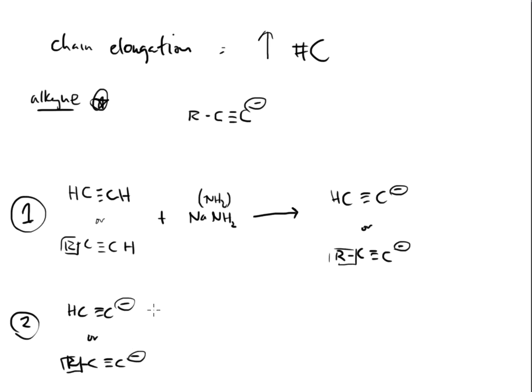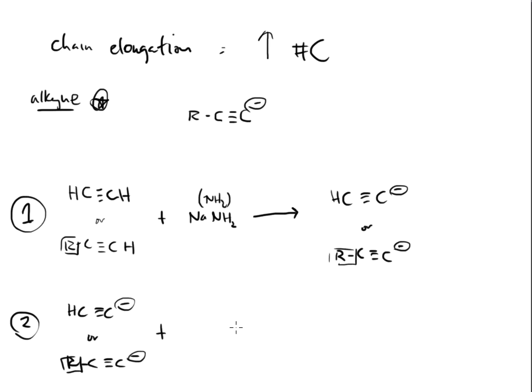And if we could react this with an electrophile, we can make these two pieces come together in a magic little marriage, like Snow White, Sleeping Beauty, finding their princes. There you go. But we need an electrophile.